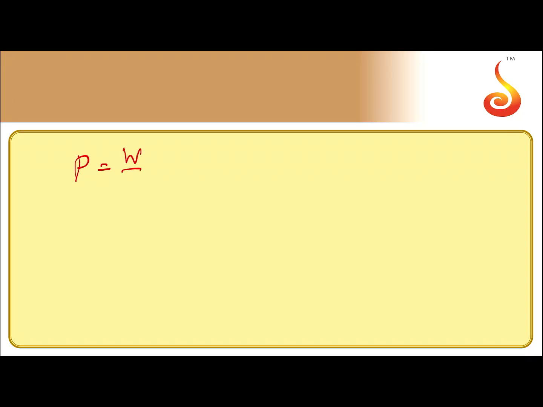Power is equal to work done divided by time. Work done is nothing but the change in kinetic energy, which is half mv square divided by time. What is that equal to? Half, and what is that m here? How many bullets are sprayed? 60, and the mass of each is 50 gram.